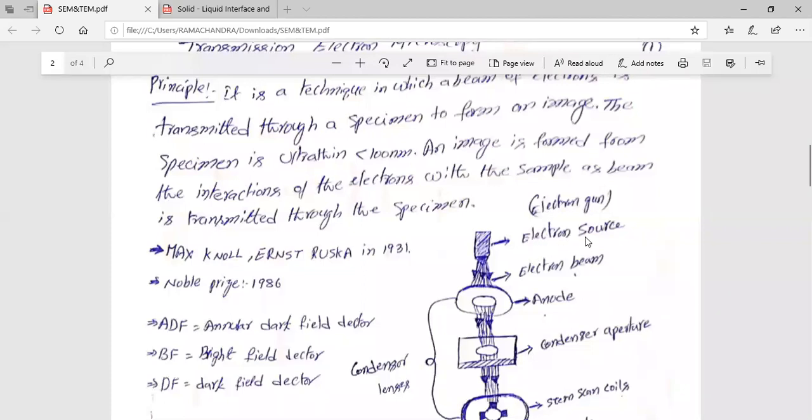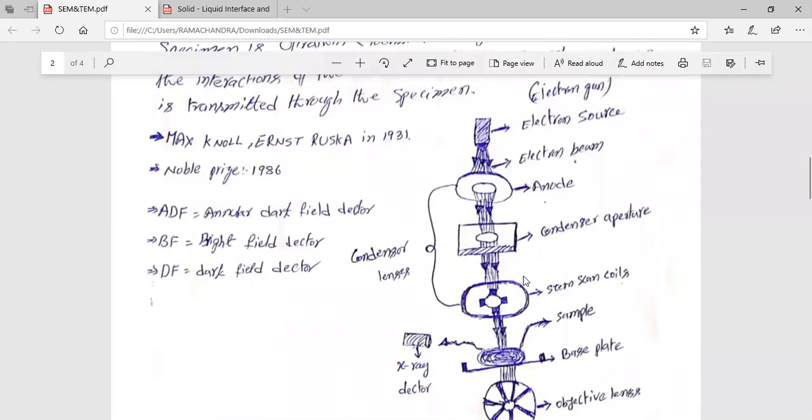So this is the electron source or electron gun. The electron source produces electrons, which move from the source to the anode, a disk-like structure. While the electrons transfer from the electron source to the anode in the form of a beam, that is known as the electron beam.